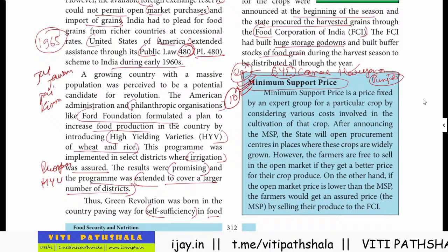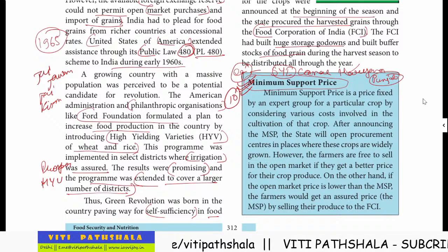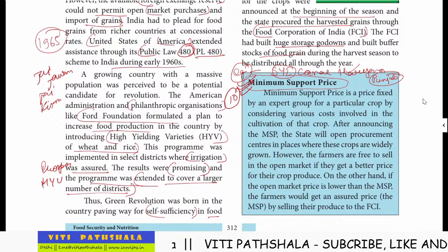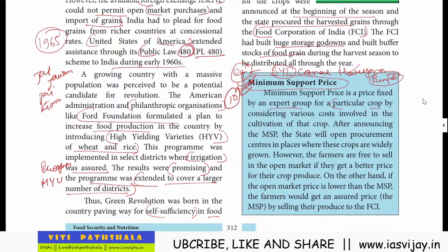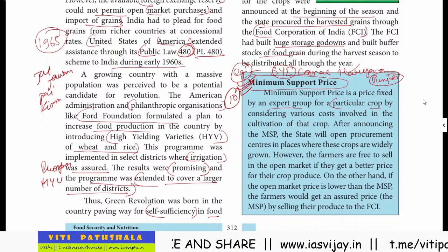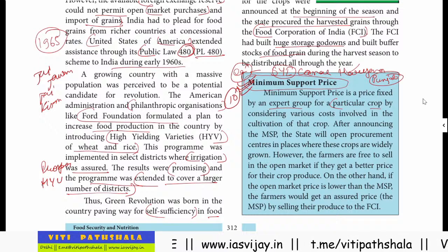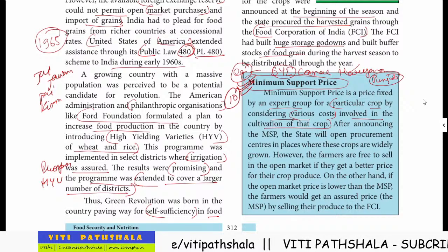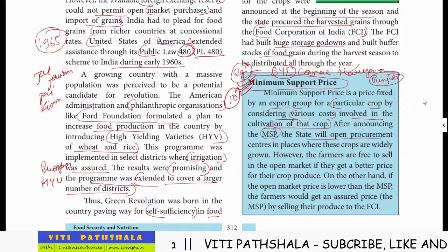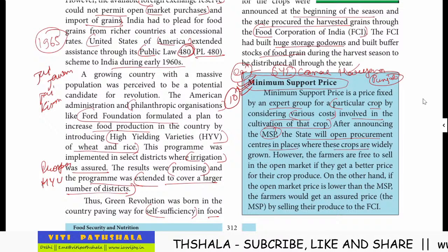Now minimum support price is a fixed price, fixed by an expert group for a particular crop by considering the various costs involved in the cultivation of that crop. After announcing the MSP, the state will open the procurement centers in the places where these crops are widely grown.